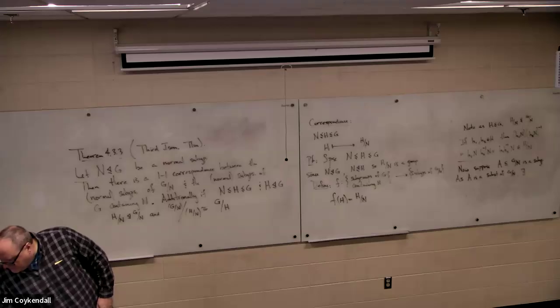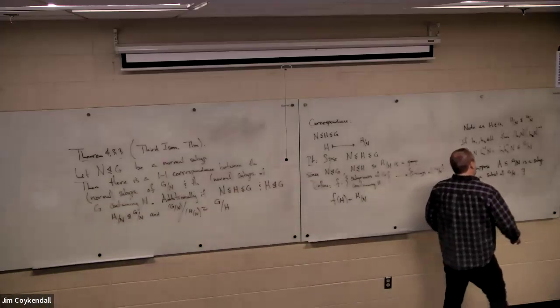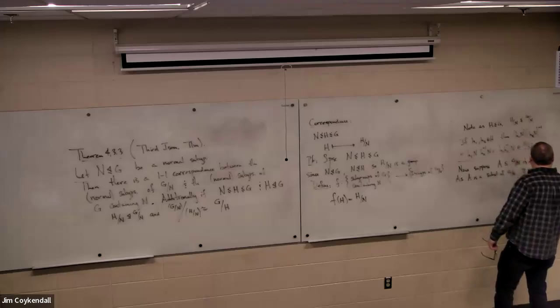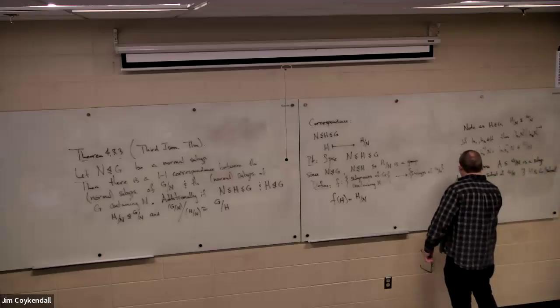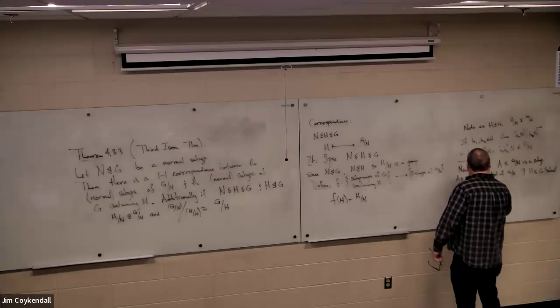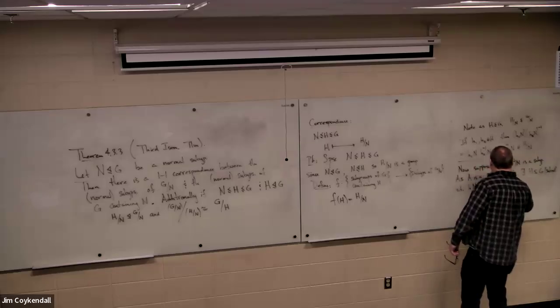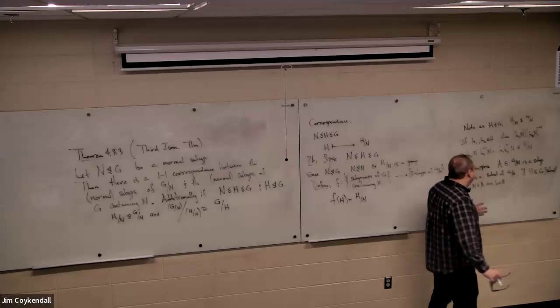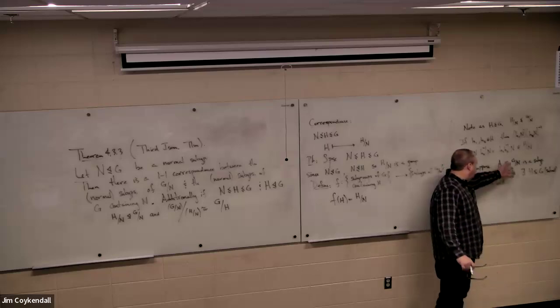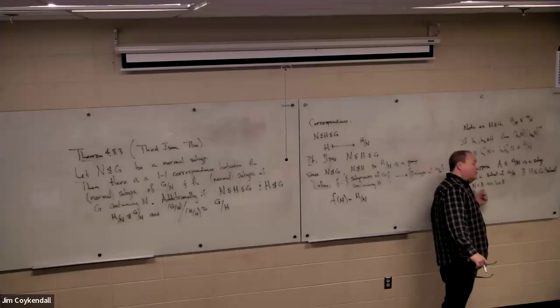So there exists a subset H of G such that HN is in A if and only if H is in H. So all I'm saying here is this A, this subgroup, must be a collection of cosets.